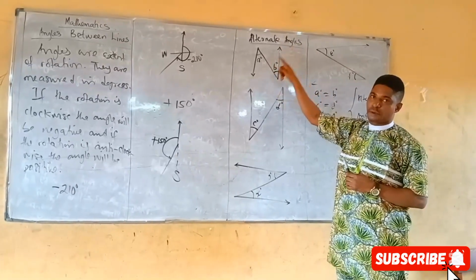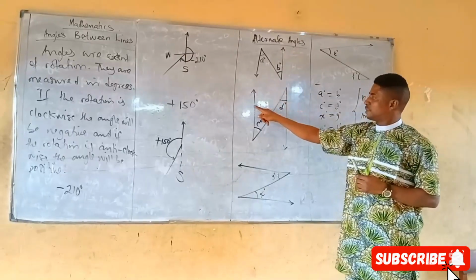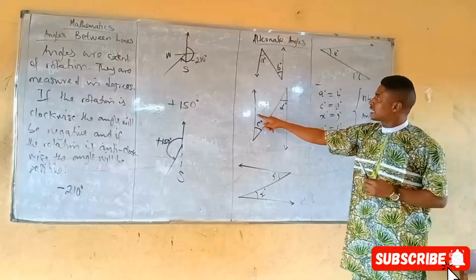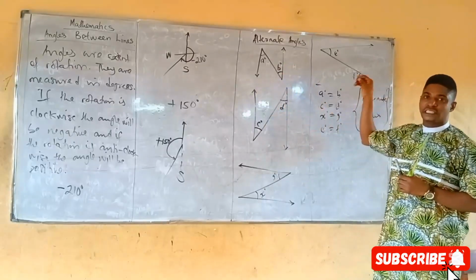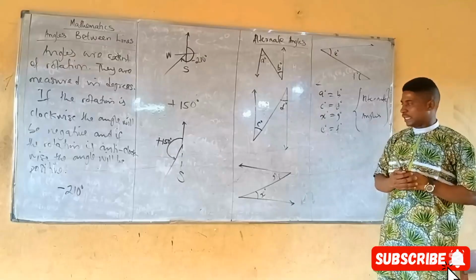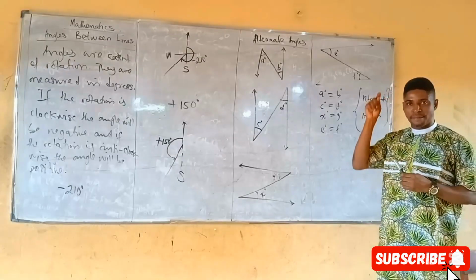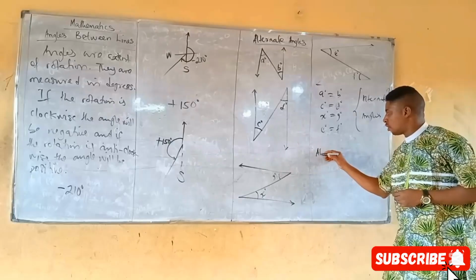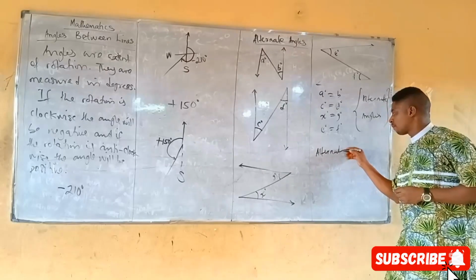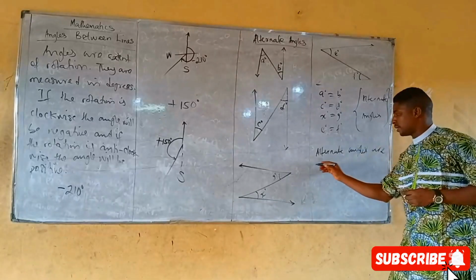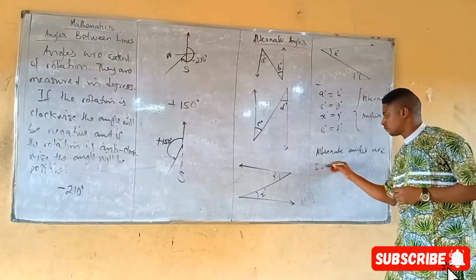In fact, the same number of arrowheads. The arrowheads are indicative of the fact that the lines are parallel. No matter how long we draw them, they will never meet. Just as a reminder, alternate angles are equal.